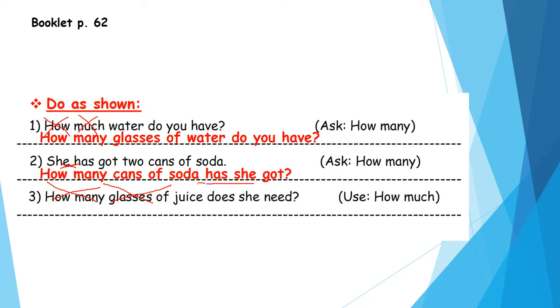So, first step, I will cross the container, I will cross glasses of, and also I will cross how many. So I will say: How much juice does she need? You understand? It is very easy. Okay, Super Junior 3.